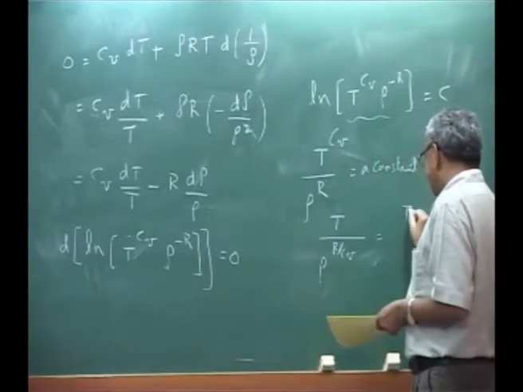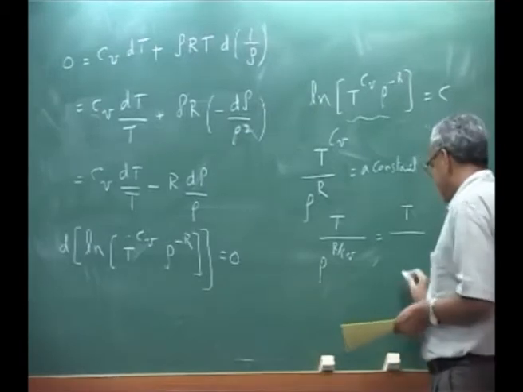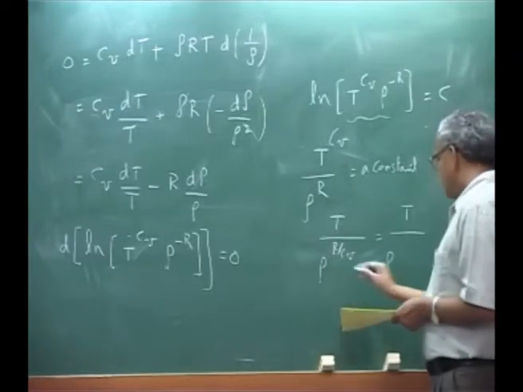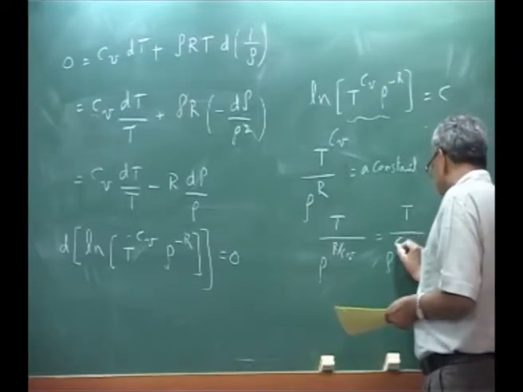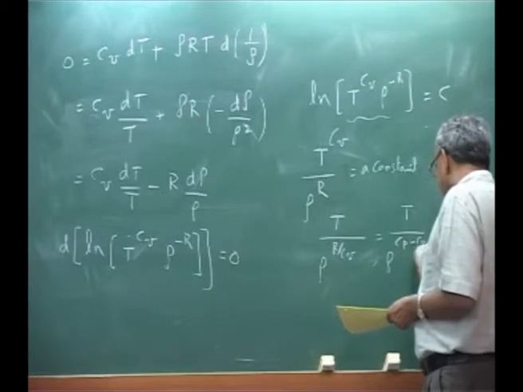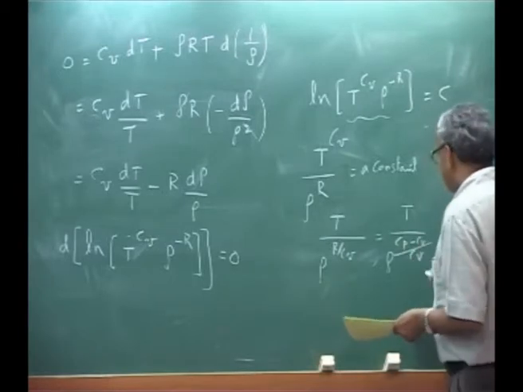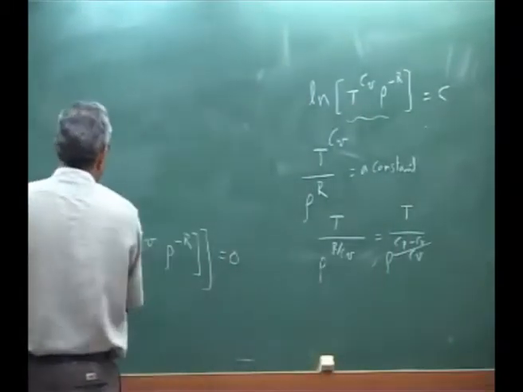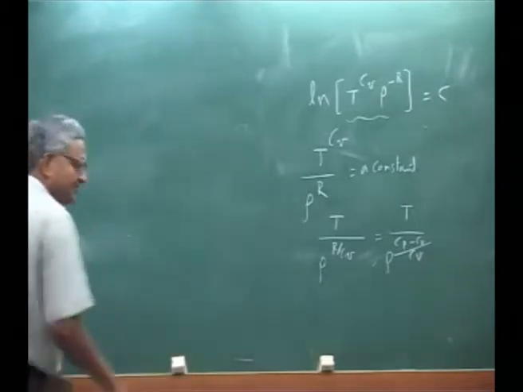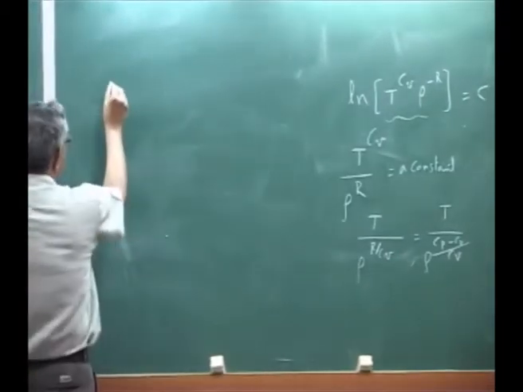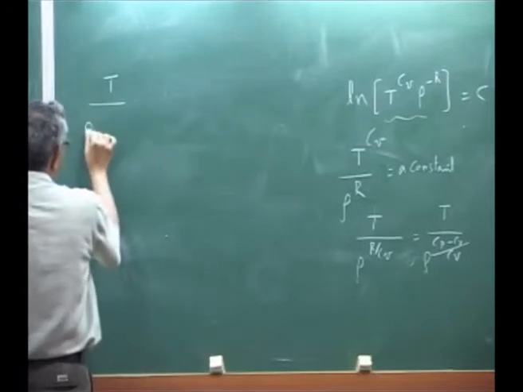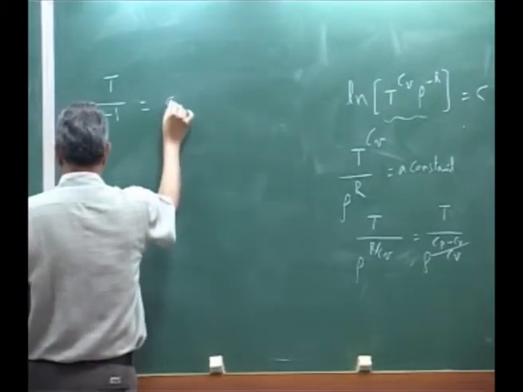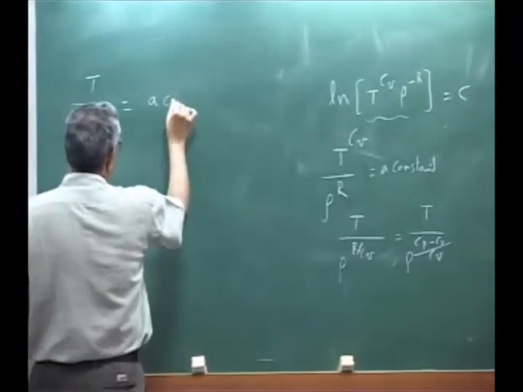R is cp minus cv, so I am writing cp minus cv over cv, and I am going to call the ratio of specific heats cp over cv as gamma, and I will have T over rho to the power gamma minus 1. Is this a constant?